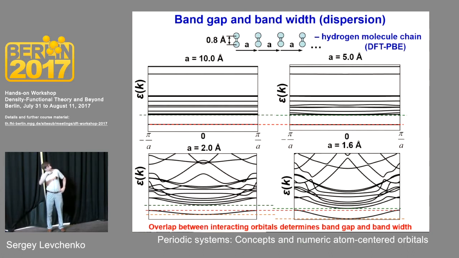In this case, this is an example of an indirect band gap because the smallest energy difference occurs at different k points. The direct gap for each k point stays about the same in this case. And you can imagine that at some point when I bring the molecules very close to each other, then the band gap will disappear.